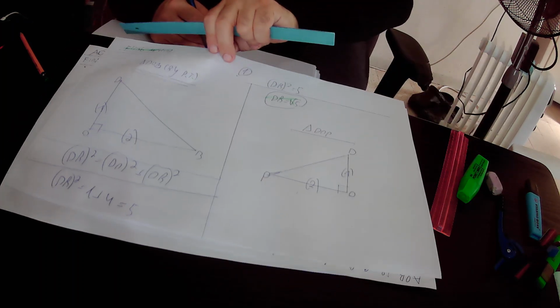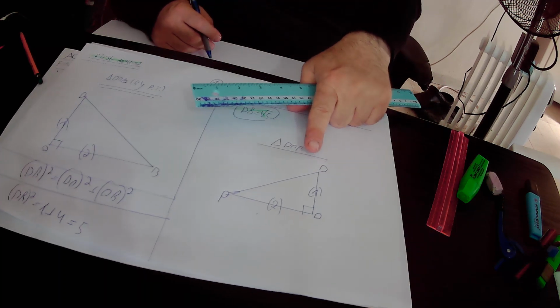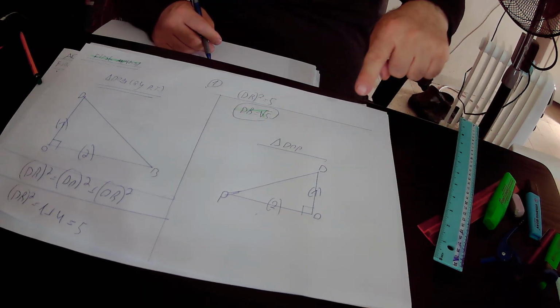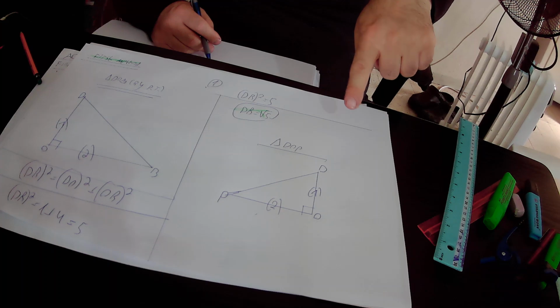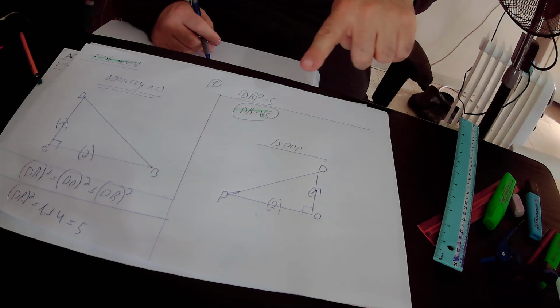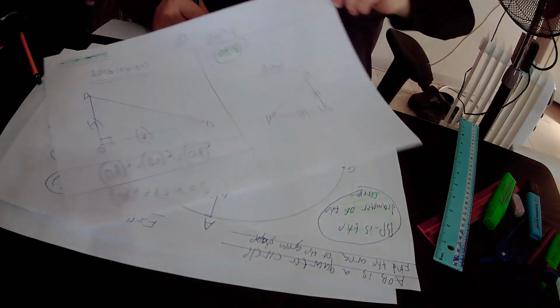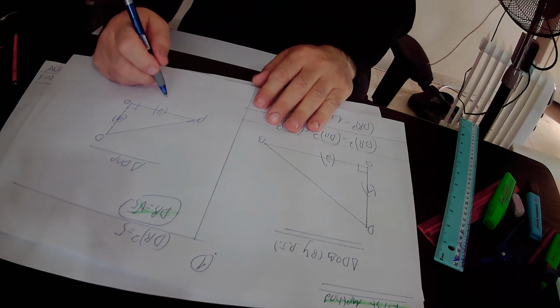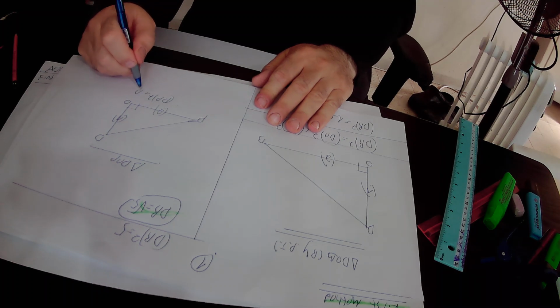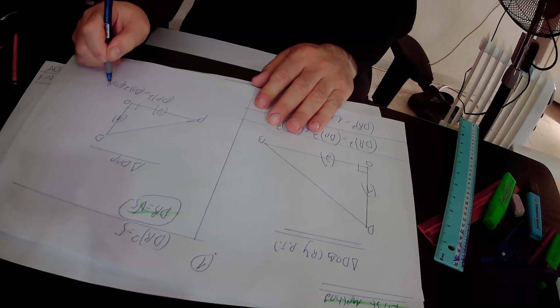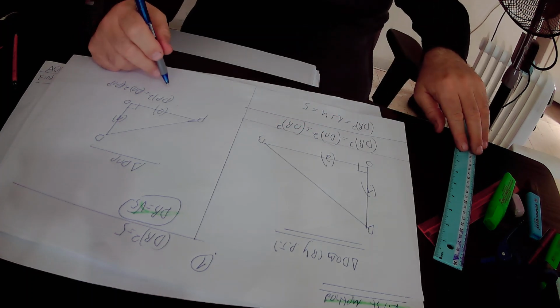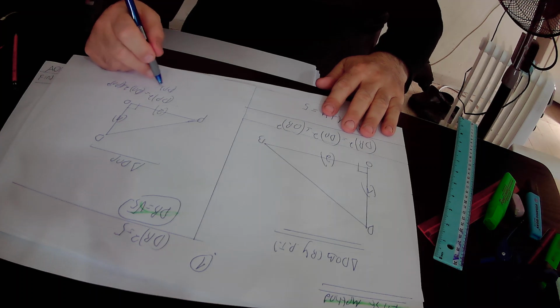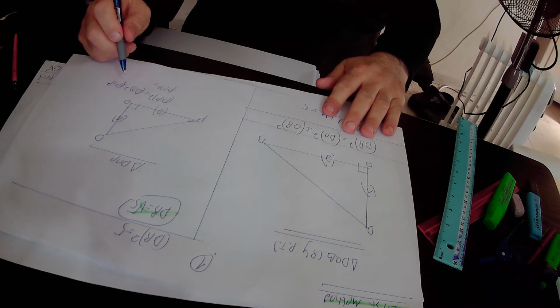This is the right triangle DOP according to the original drawing. According to the Pythagoras theorem, in this right triangle DOP, DP square equals DO square plus PO square.